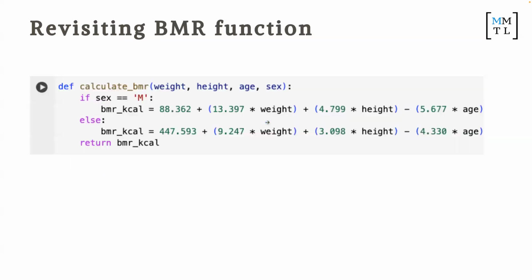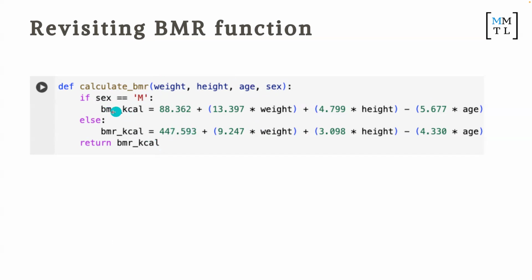So this is our example of making a BMR function, which makes it so much easier, right? We can have weight, height, age, and then a sex parameter. If it's capital M, we use the formula for men, and otherwise we use the formula for women. And then we return.